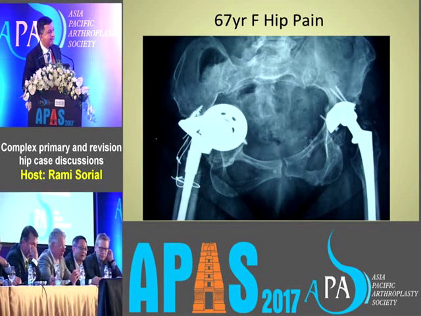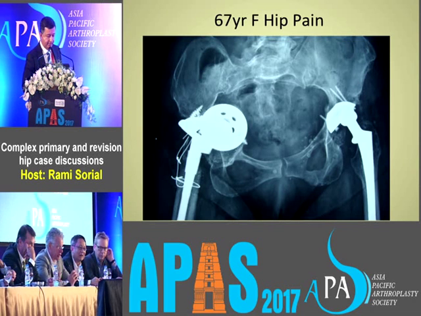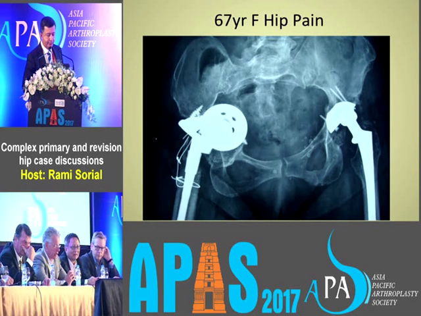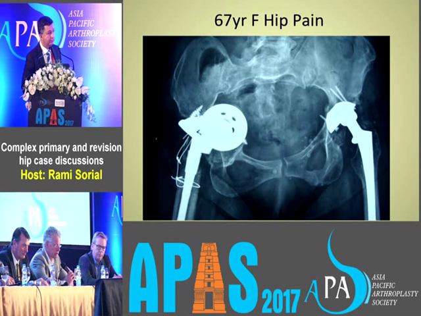So if it is a progressive migration, obviously, we have to remove the cup, we have to remove everything. And then again, it's all depending on the support, as I mentioned in my talk. If the posterior column is quite intact, I would go also for medial, some kind of impaction grafting or a cup and cage system, and for jumbo cup with a lot of screws.